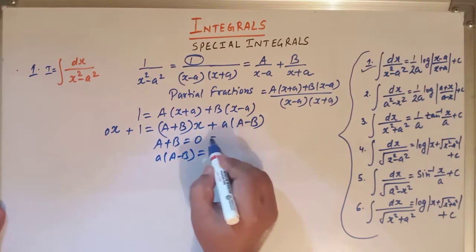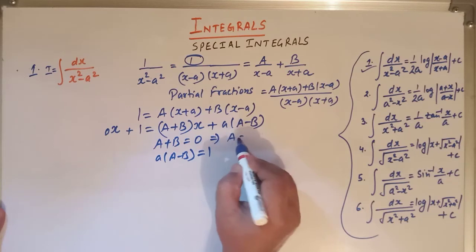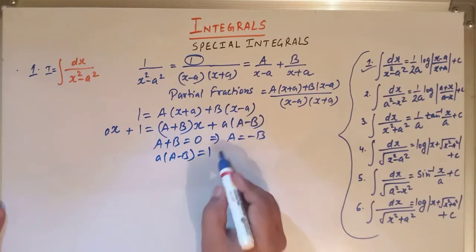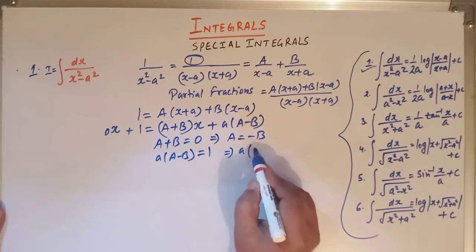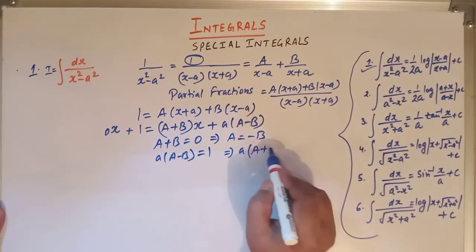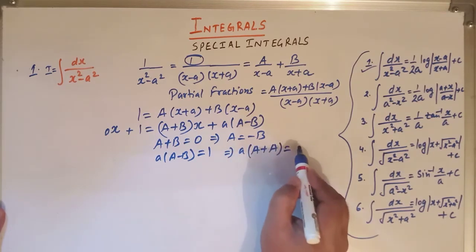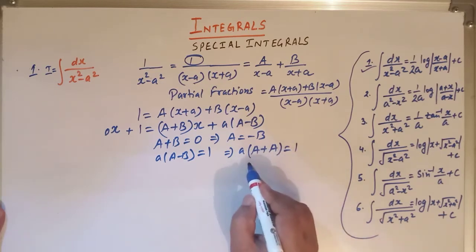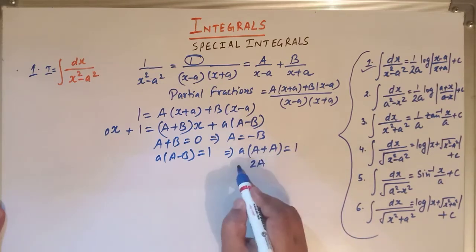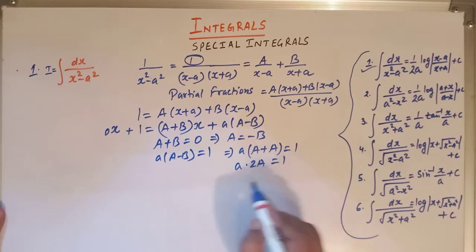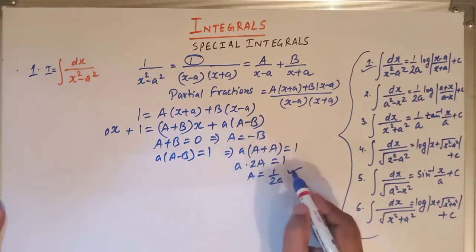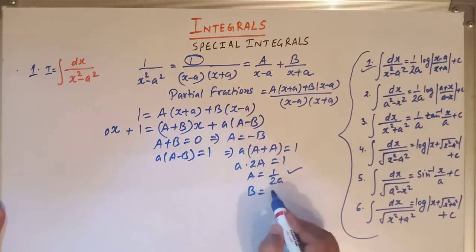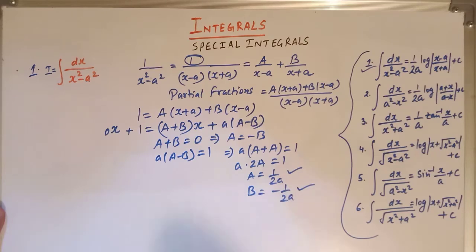Clear? So from here we have A equal to minus B, and if we substitute here we get a times (A plus A) equal to 1. So 2A times a is equal to 1, and we have A is equal to 1 over 2a. Clear? And similarly B is equal to minus 1 over 2a.